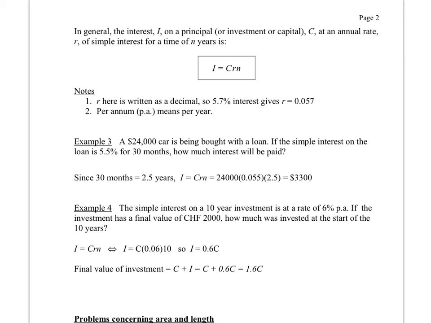And that whole thing, the final value of the investment, is supposed to be equal to 2000. So 1.6C equals 2000. We can divide both sides by 1.6. So we have 2000 divided by 1.6 is equal to C. And if we solve that, 2000 divided by 1.6 should be 1,250 Swiss francs.